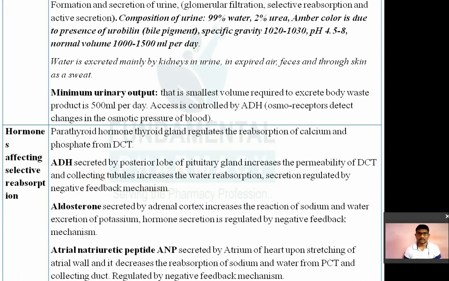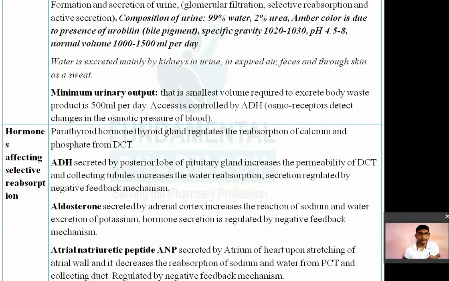Remember, hormones affecting the selective reabsorption process of urine formation: parathyroid hormone produced by thyroid gland regulates the reabsorption of calcium and phosphate. Antidiuretic hormone, also known as vasopressin, is secreted by the posterior lobe of pituitary gland, and it increases the permeability at the distal convoluted tubule and collecting tubules, and it increases the water reabsorption.